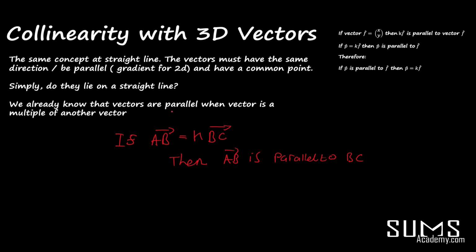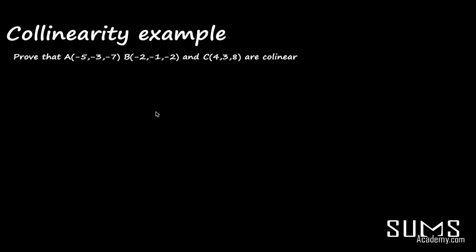Okay, so I'm going to try and cement this in with an example because I think examples make things a little bit clearer. So, next question. We're asked to prove that A, B, and C are collinear. How are we meant to figure that out? This would be a type of exam question you might get.